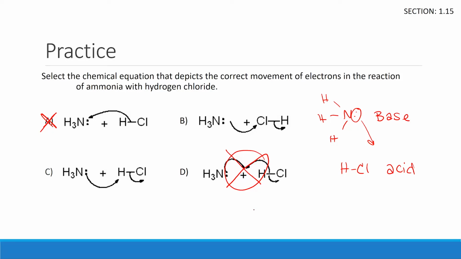So now we're down to option B and option C, movement of electrons from the base to the acid. In this case, we're showing the electrons in option C moving from here to the proton, the H. And in this case, they're instead moving from here to the chlorine, the Cl.